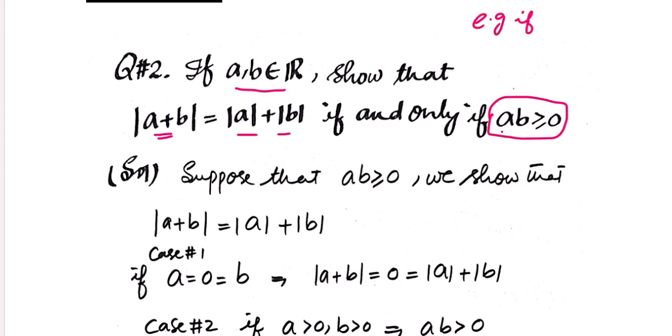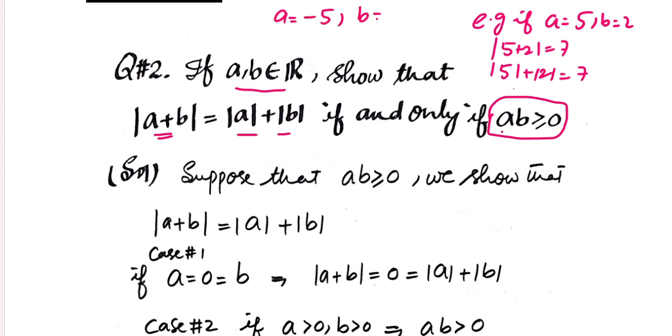For example, if you take a is equal to 5, b is equal to 2, then you can observe that a plus b, that is 5 plus 2, is equal to 7. On the other hand, |5| plus |2| is also 7. But if you take a is equal to minus 5 and b is equal to 2, in other words, here a and b have opposite signs.